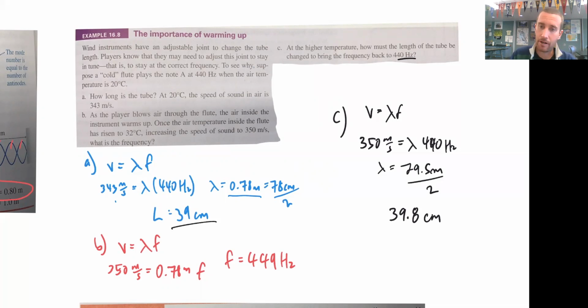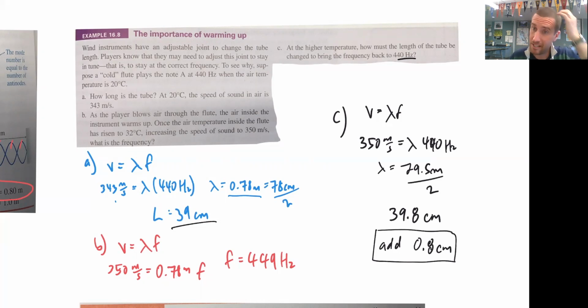The difference, 39.8 minus 39, is how much the length must be changed. So I need to add 0.8 centimeters. I have to extend the tube by 8 millimeters, which on a 39 centimeter tube is a significant percentage.